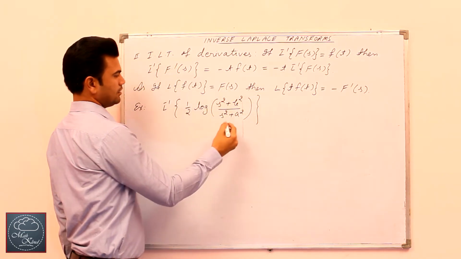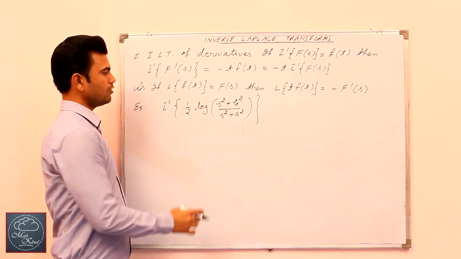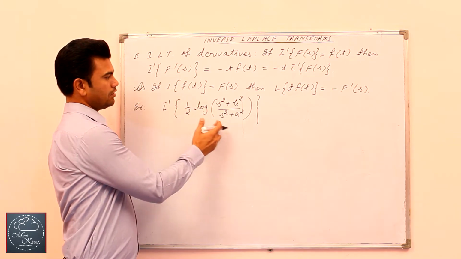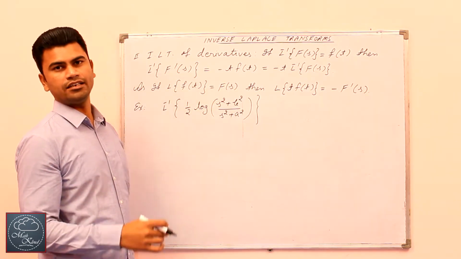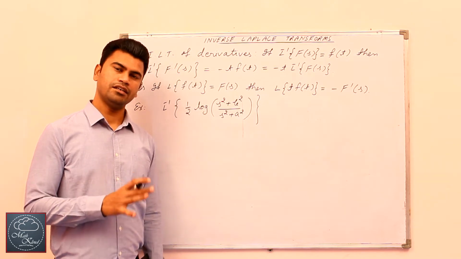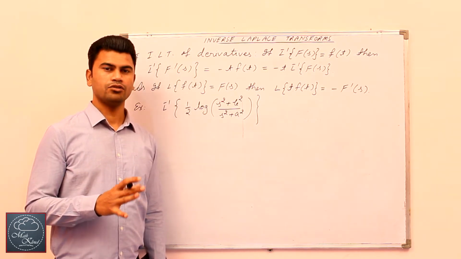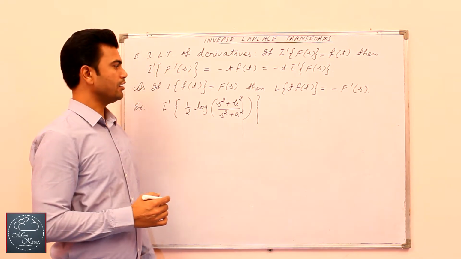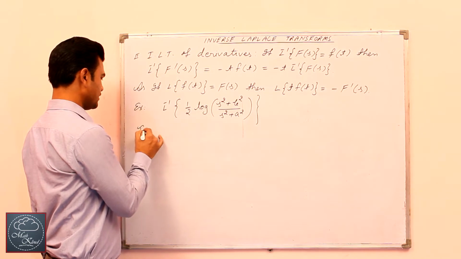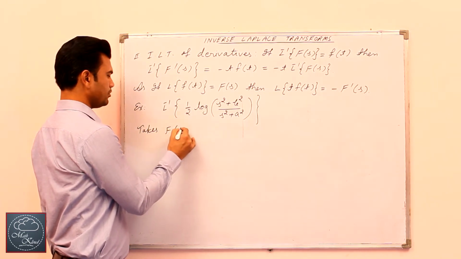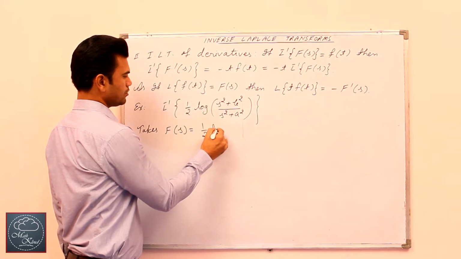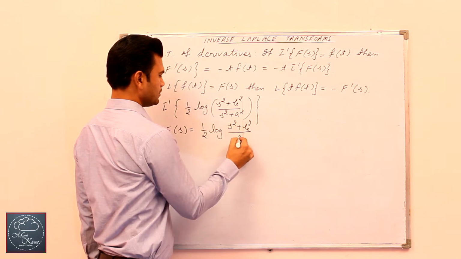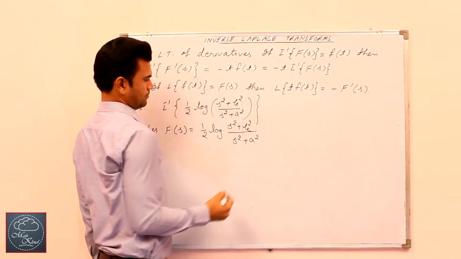As you see, your function involves a logarithm function and it is not directly available in your standard formulae. So we are going to find this by using this property. Let us take this function as F(s), 1/2 log of (s square plus b square) over (s square plus a square).